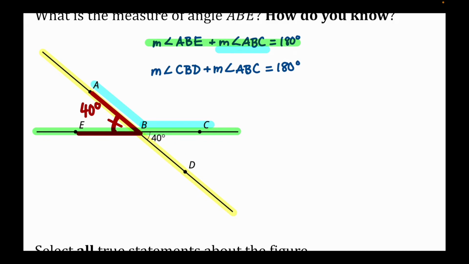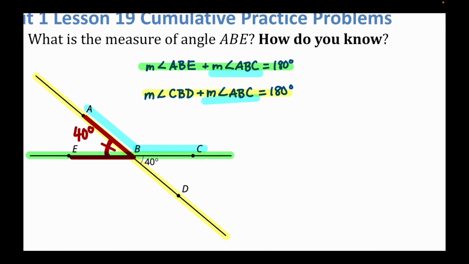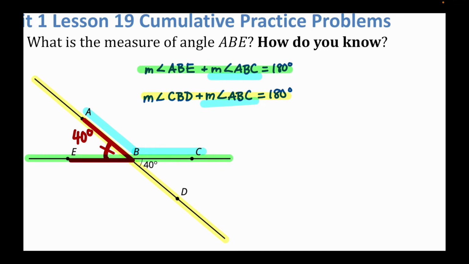So this is my yellow line, but it's also including ABC, that blue angle, so I have that in both of them. Well, conveniently enough, they're both equal to 180 degrees.